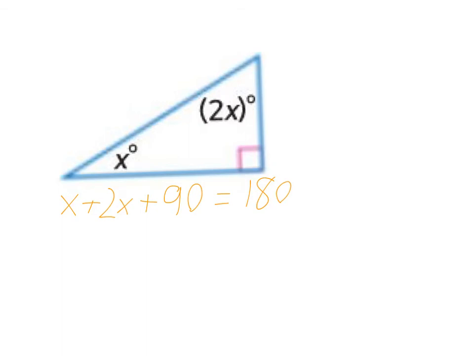Move our 90 to the other side, combine our like terms. 3x is equal to 90, x is equal to 30, which then means this angle is 30 degrees, this is equal to 60, and this one is still our 90 down here, making this a 30, 60, 90. As we'll see later on, folks, this is what's known as a special right triangle, but more on that later on in the course.